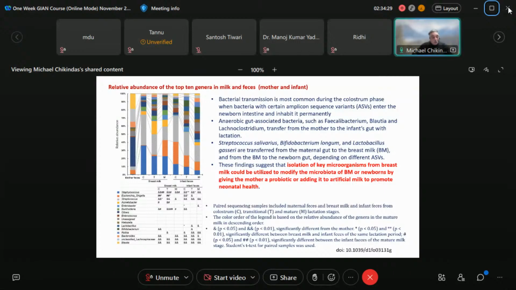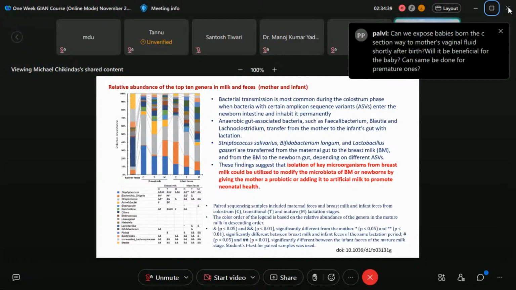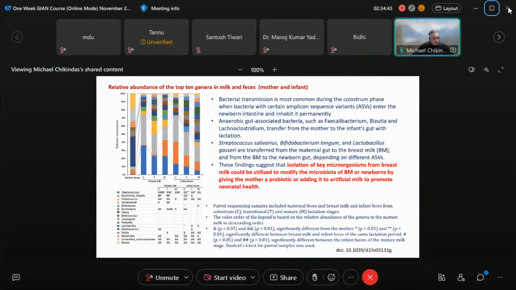Now, what will happen if we will deliver the probiotic to the pregnant woman or to the breastfeeding woman? Can these microorganisms also be involved in modulation of the normal gut microbiota of a newborn baby?